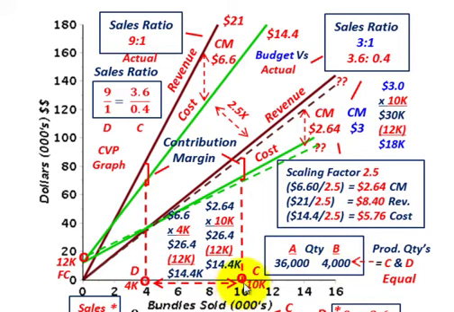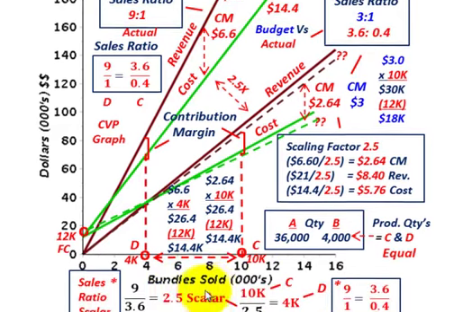With our 10,000 bundles, we had that quantity of 4 for A and B, and with our 4,000 bundles, we had that quantity of 10, 9 for A and 1 for B. But in either case, we still have a quantity of 40,000 for each. Okay, so that's our scaling factor.